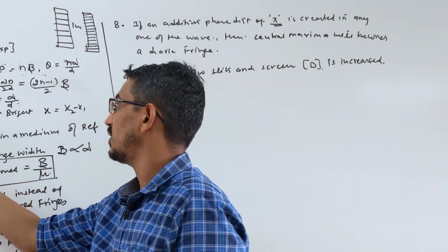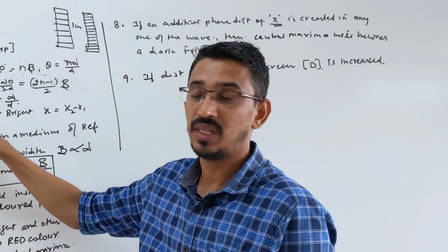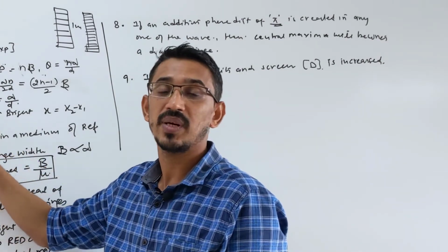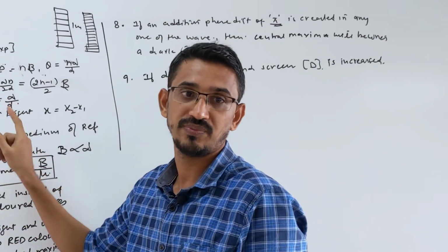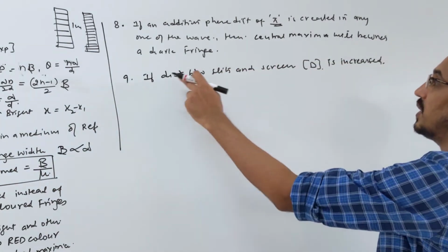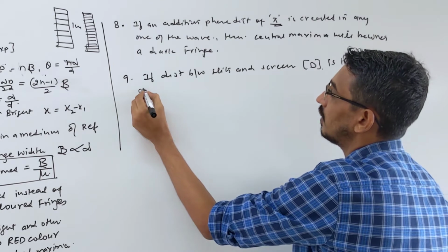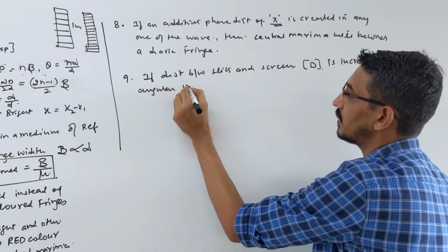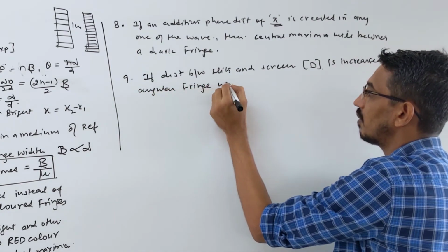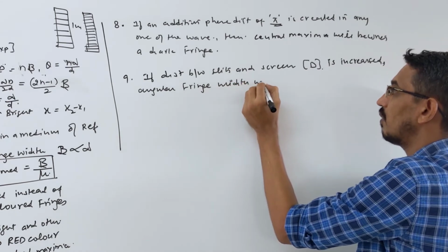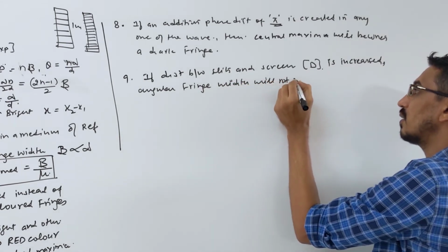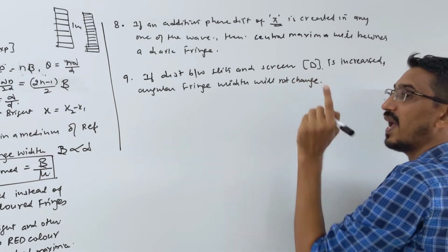Linear fringe width directly depends upon D. If D is increased, linear fringe width will increase, but angular fringe width will not change. Correct? What will not change? Angular fringe width.